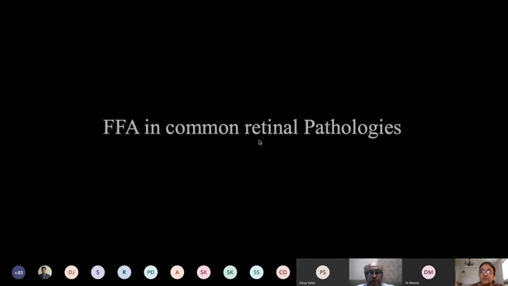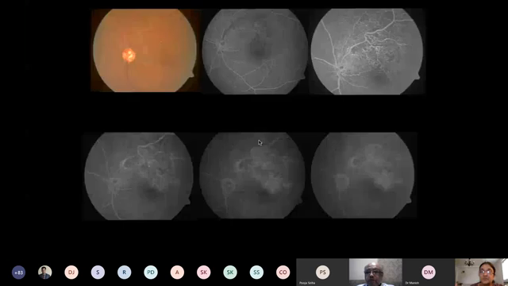So let me go to my first pathology slide on an FFA. I wish I could interact with all of you one-to-one, but what you see on a color fundus photograph is just a sclerosed vessel. When you see your early frames, mid frames, and late frames, you see this whole network of vessels in the supratemporal quadrant.